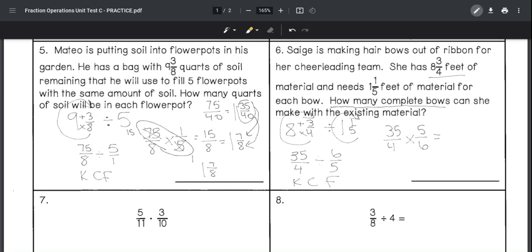This one you cannot use the Band-Aid method for. There is nothing that can be simplified prior to multiplying straight across. When you do multiply 35 times 5, you're going to get 175. And 6 times 4 is 24. But we can't leave our answer like that. That's an improper fraction.